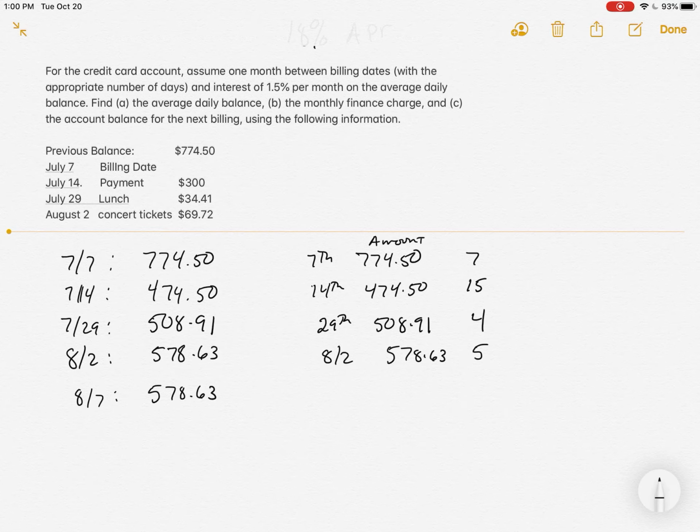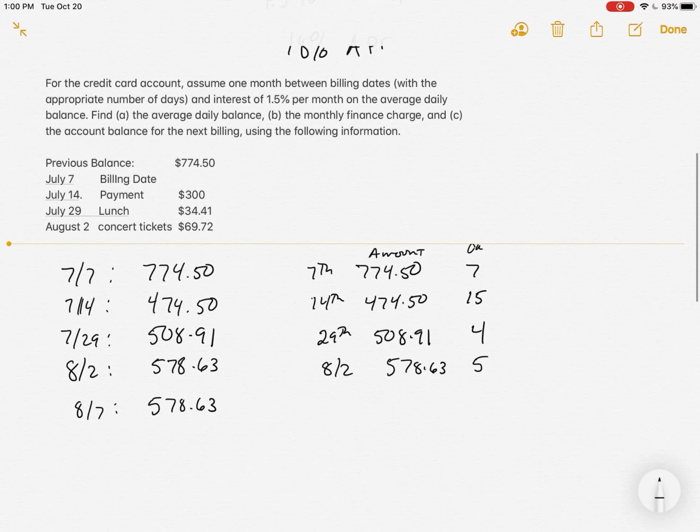The way that we do that is we take the amount times the number of days, and we write that number over here. So I'm going to take 774.50 and multiply it by 7. And what I get is $5,421.50.